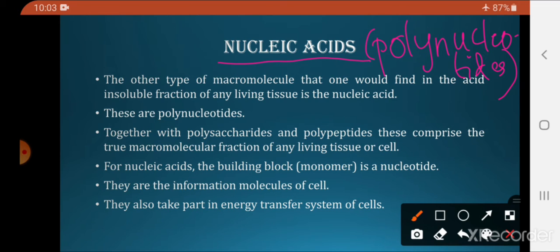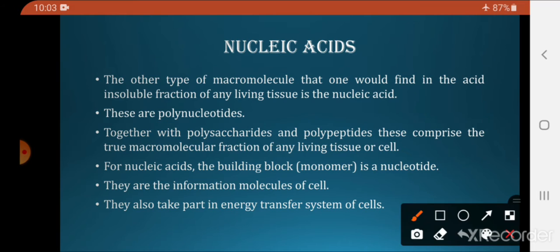So now, how are this DNA and RNA formed? They are nucleic acids. Nucleic acids are the macromolecules, so they will be formed of the monomers, and the monomers of the nucleic acids are called nucleotides. So what are nucleic acids? Basically nucleic acids are polynucleotides. So students, the other type of macromolecule that one would find in the acid insoluble fraction of any living tissue is nucleic acids.